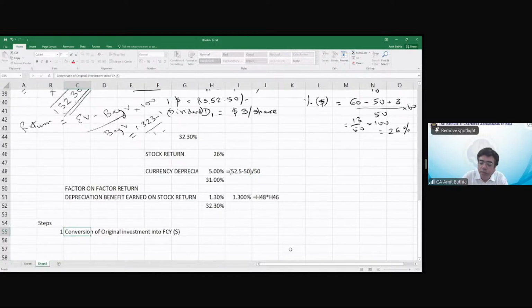Am I right? What was my second step? Once it was converted into dollars, we calculated the difference, and dividend we also calculated.